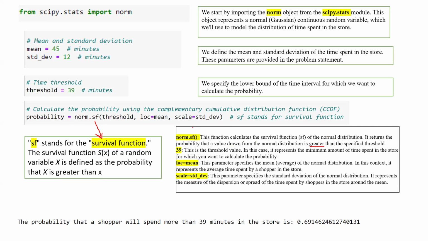Very good. So since the threshold is equal to 39, we know that the x value is going to be 39. The mean is 45 minutes with standard deviation 12 minutes. If you run the code, it gives you the exact same probability, 69.14%.